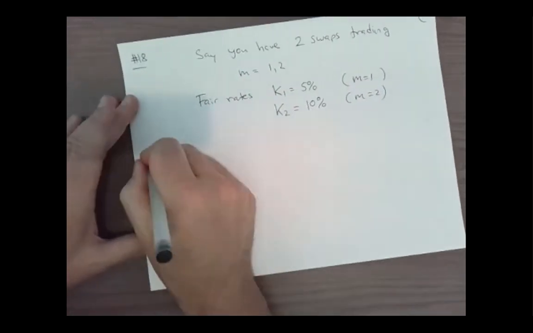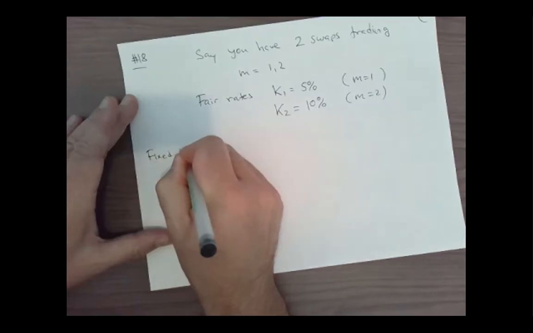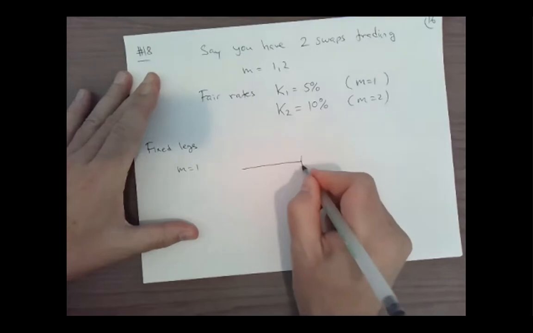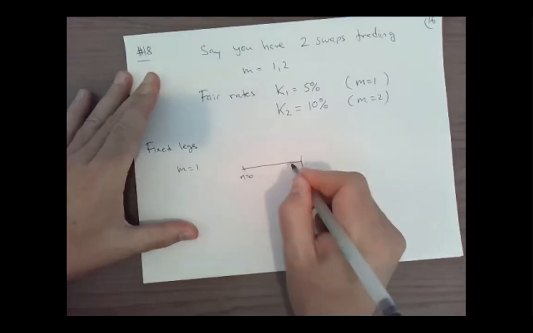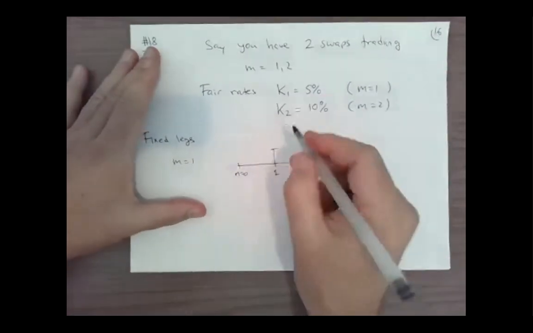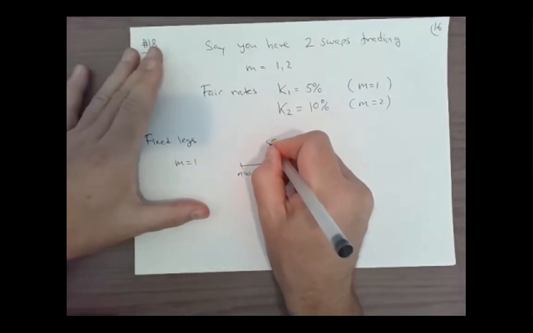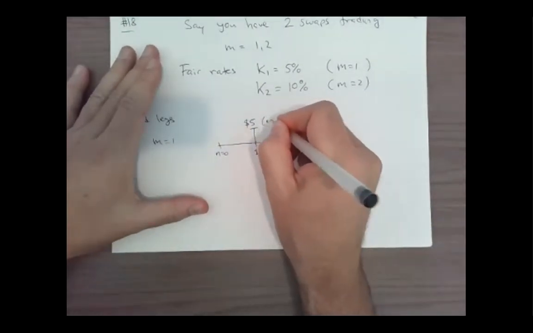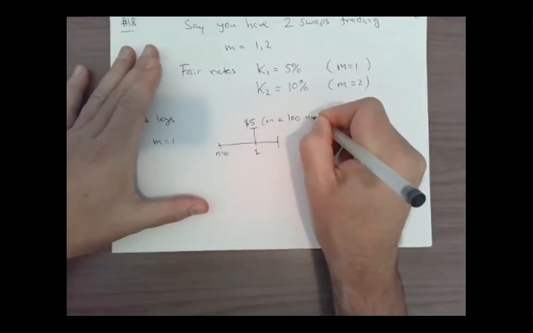So if you look at the fixed legs, you have M equal to 1. Right, so we're sitting here at time 0. Maturity is 1, you're going to get $5 out here on a $100 notional.